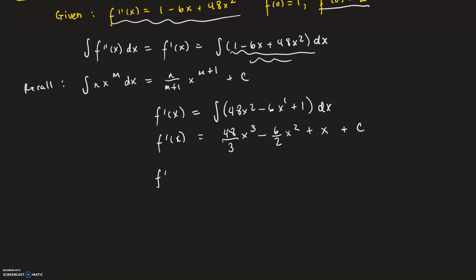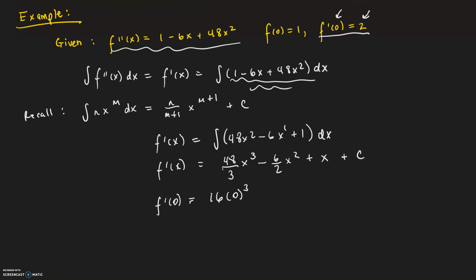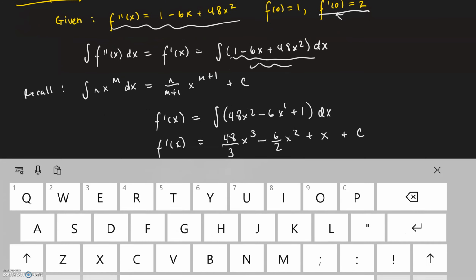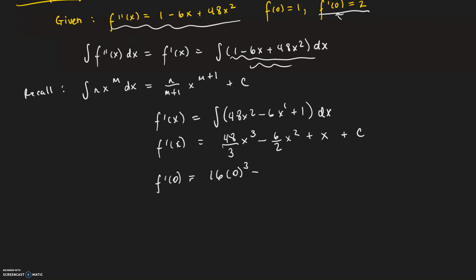So f prime of 0 is going to be equal to, now 48 divided by 3 is 16. So we're going to get 16 times 0 cubed, because we're letting all of our x's be 0. That's what that's telling us to do. Minus 6 over 2 is 3, x squared, so 0 squared, plus 0 plus c, right?